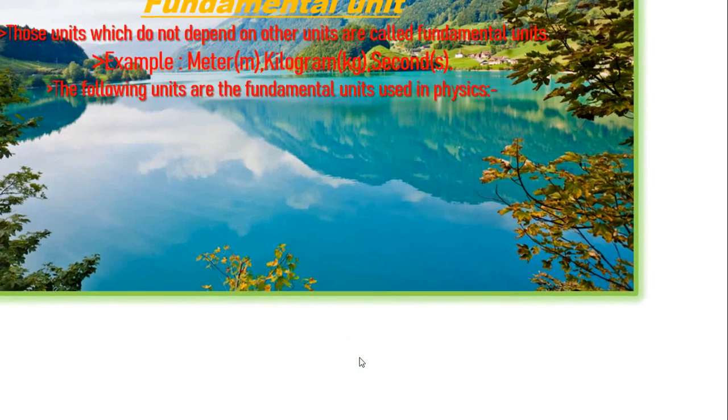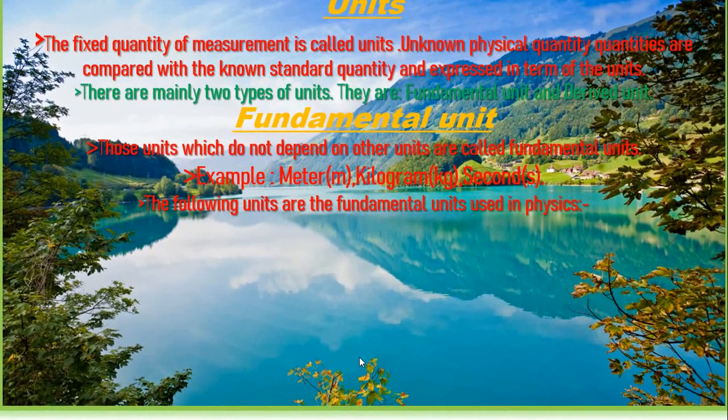So let's discuss units. Now let's discuss what a unit is. Units are the fixed quantity of measurement. Unknown physical quantities are compared with the known standard quantity, which is known as a unit, and expressed in terms of units.